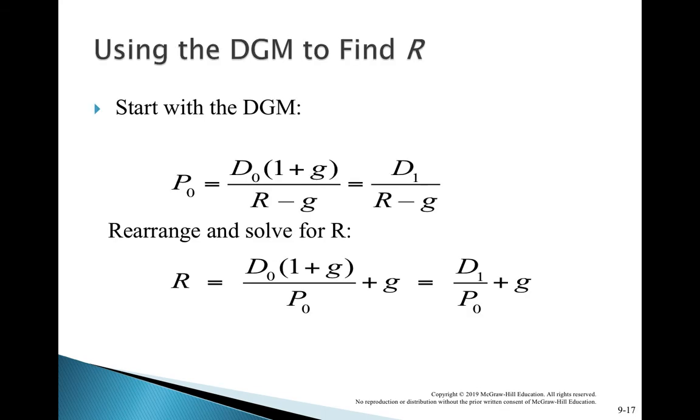Another way you can calculate the cost of capital is the CAPM approach. Of course, it is not given in this chapter, but there is another approach to calculate R, that is the CAPM approach, capital asset pricing model. It is discussed in another chapter, so I have not discussed it here. The CAPM approach says the cost of capital R is equal to the risk-free rate of return plus beta multiplied by risk premium.